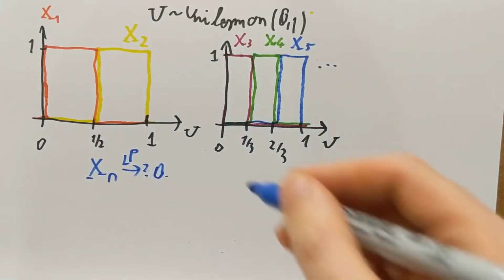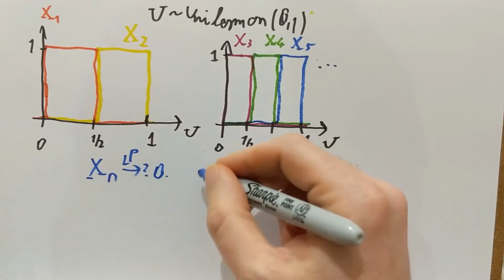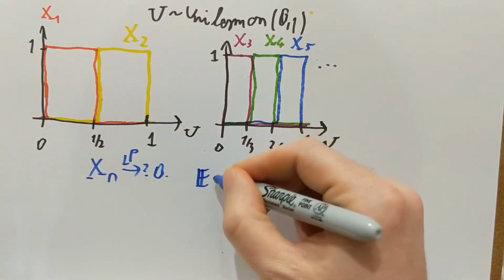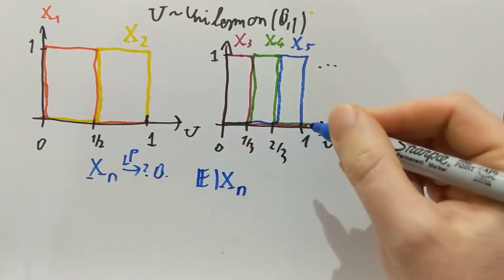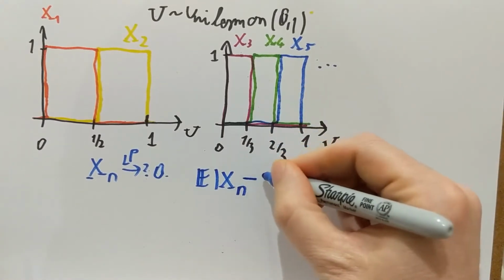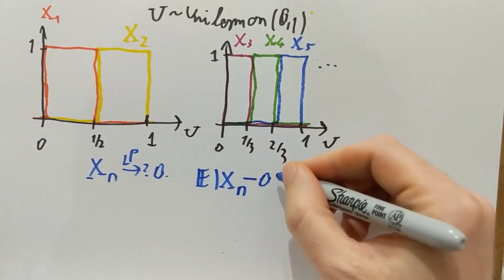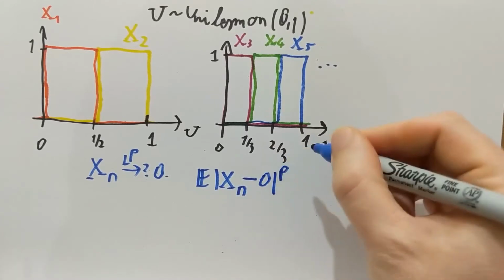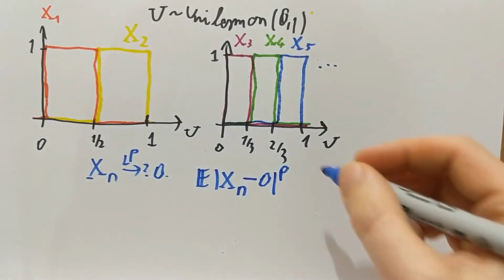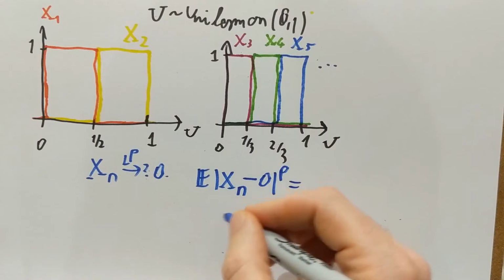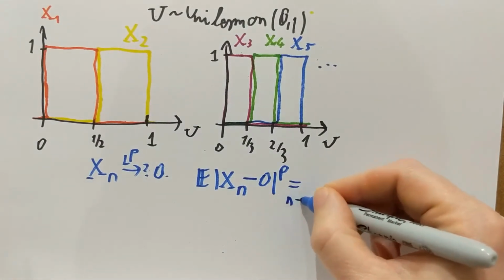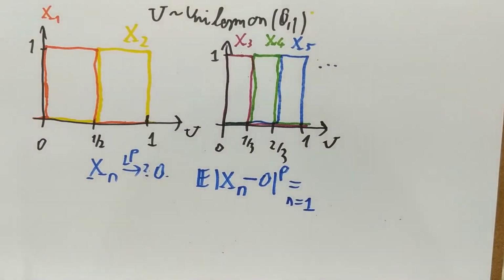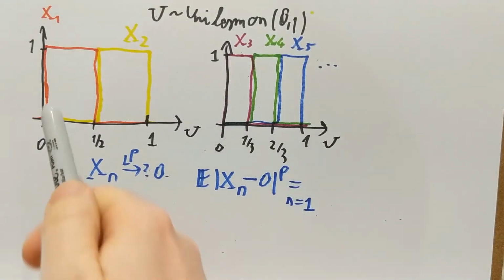To check Lp convergence, I want to look at the expectation of the nth random variable minus the suspected limit 0, to the p power. Actually it turns out that it's very simple. Let's plug in n equals 1. X1 is 0 or 1.